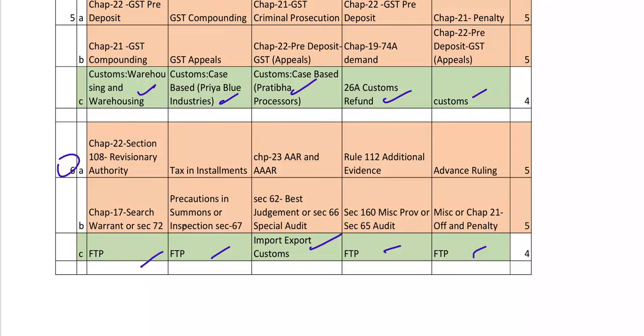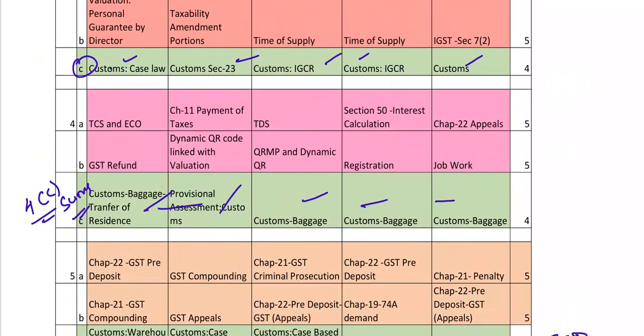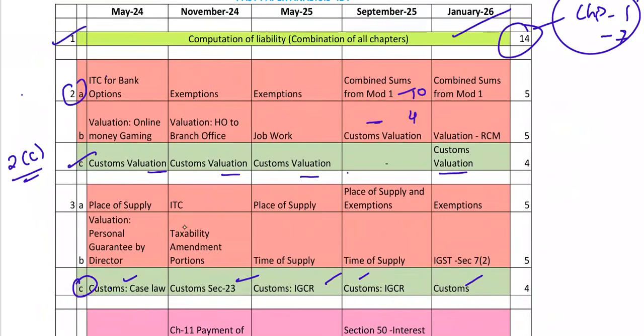There are high chances you can get an FTP question here also, instead of valuation. We don't know the ICAI pattern, but based on the past 5 attempt analysis, we are guessing that FTP may come in 6C. So accordingly, we can plan it.